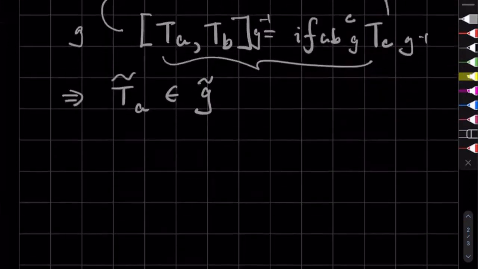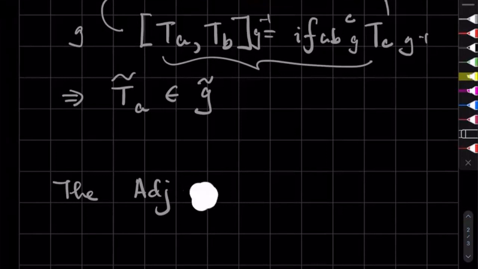So this motivates the claim that the adjoint map is a representation of G. We use the capital A here because there's going to be another adjoint map, which will be the map on the level of the Lie algebra.